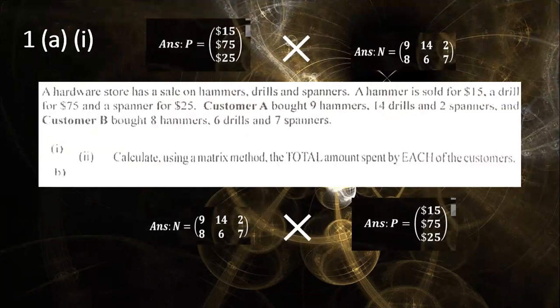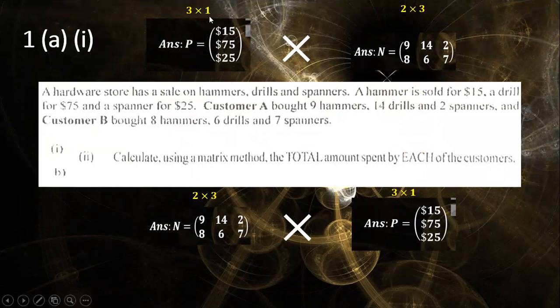The order of matrix P is going to be 3 by 1. The order of matrix N will be 2 by 3. The order of matrix N down here is again the same thing as up here, and on this side, matrix P will also be 3 by 1. A good indication of whether or not you can multiply two matrices is to check that the last number here matches.